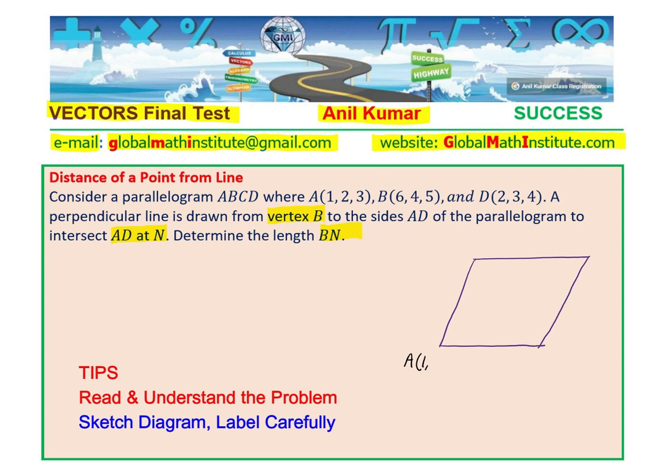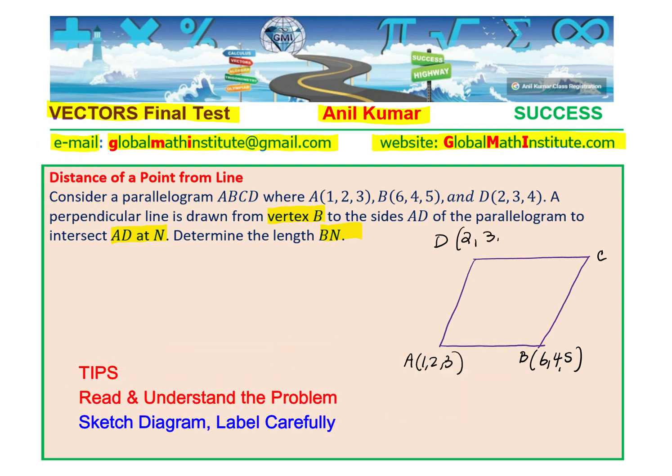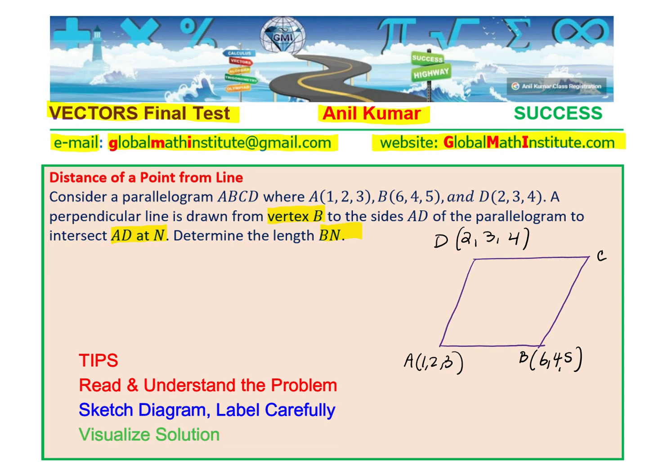So A is (1, 2, 3), B is (6, 4, 5), C is not given to us, D is (2, 3, 4). We need to drop a perpendicular from B to the line AD, right?